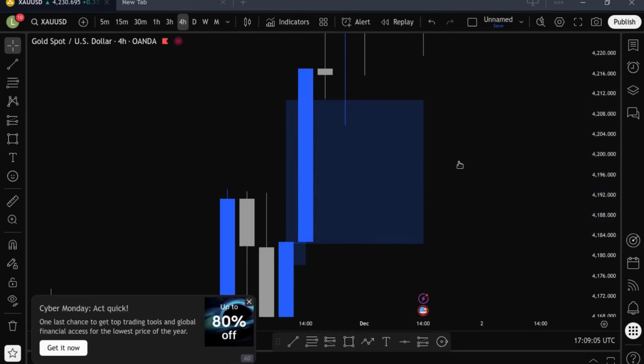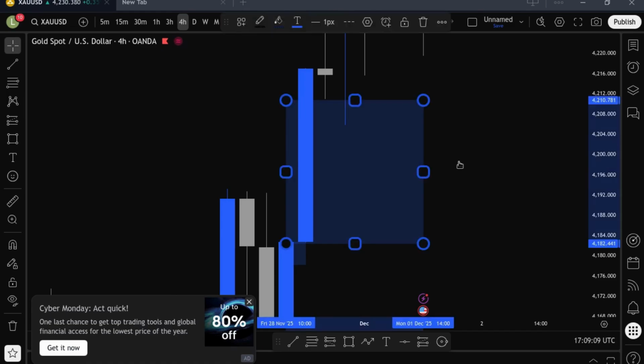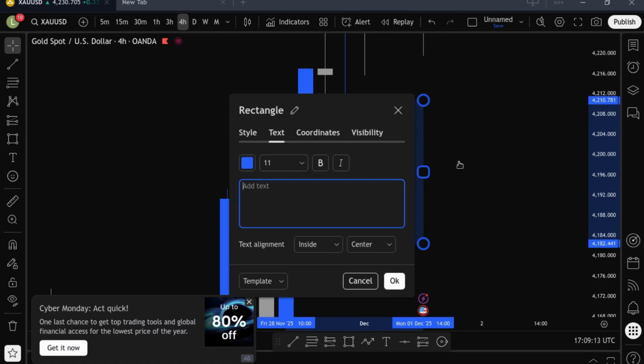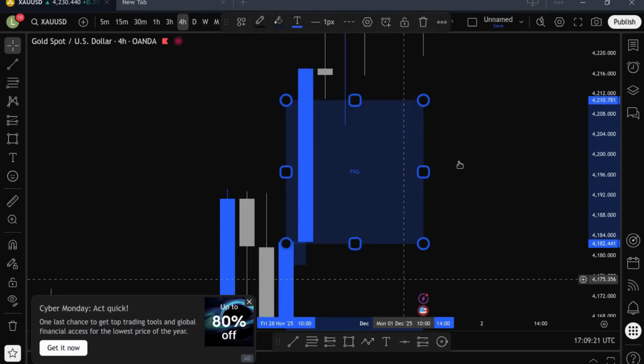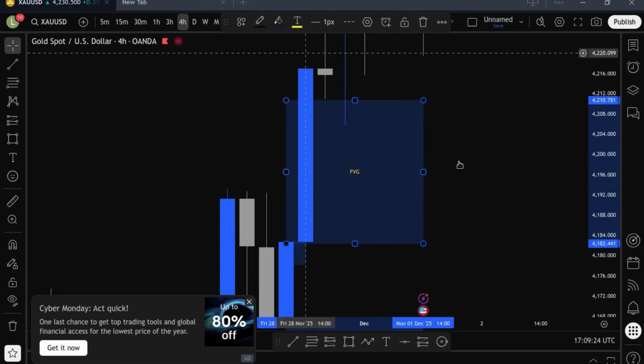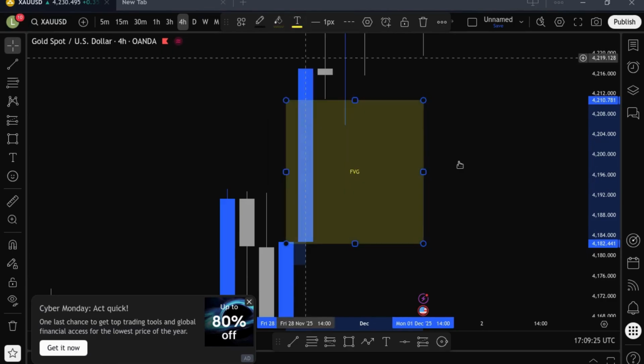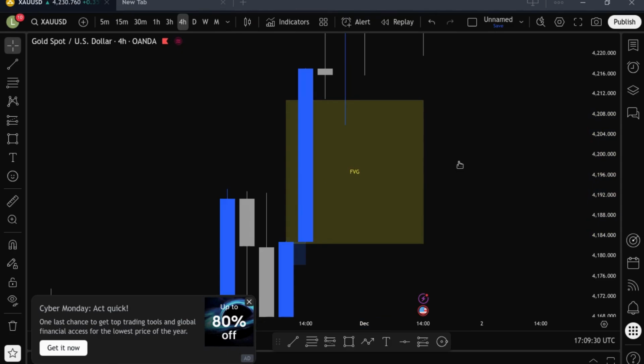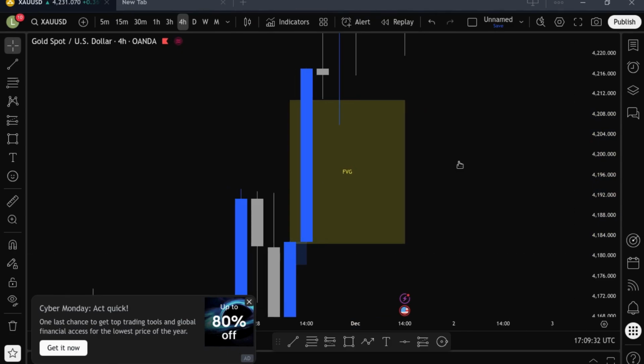That means we're going to be anticipating for price to come and tap into the fair value gap properly, moving towards the upside. Let's edit our fair value gap indicator, FVG, and we're going to make it yellow. Good. So this is how you can map out a fair value gap.